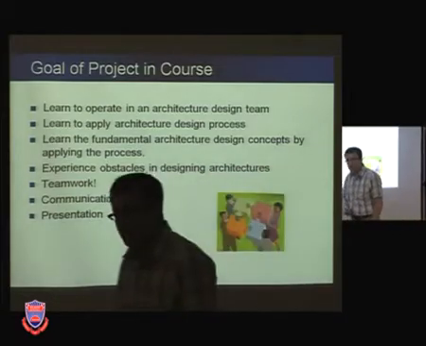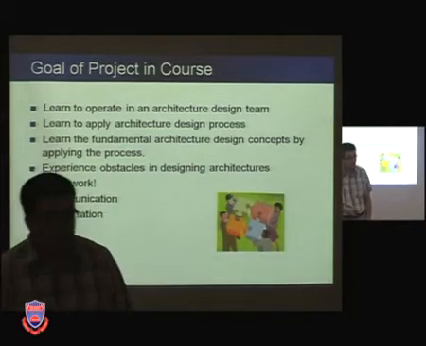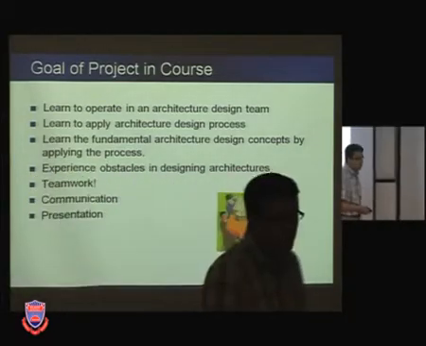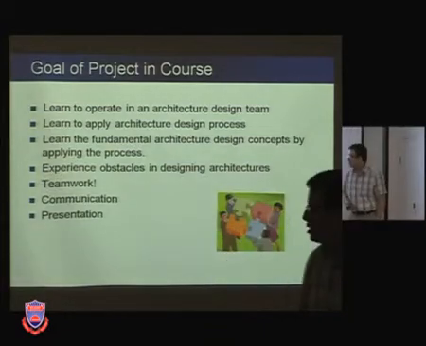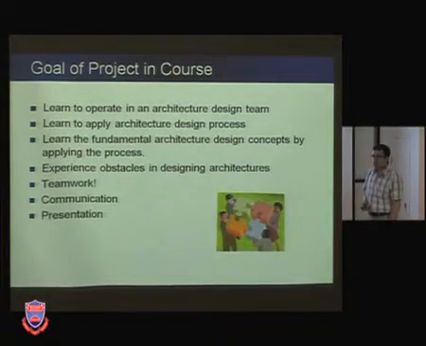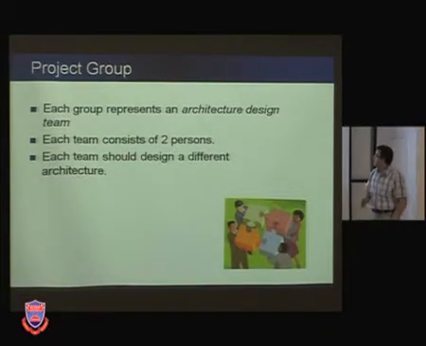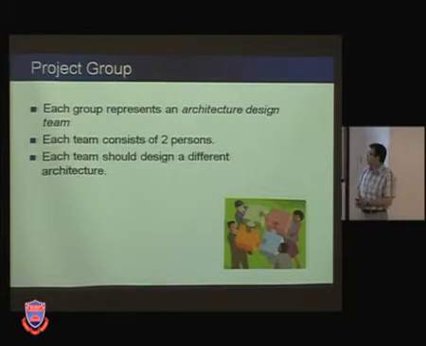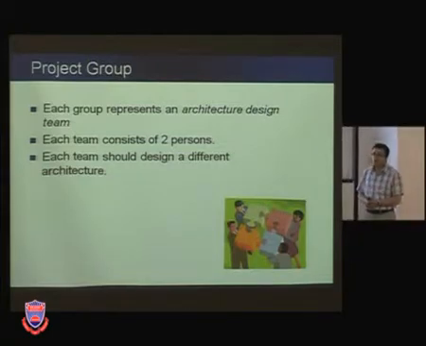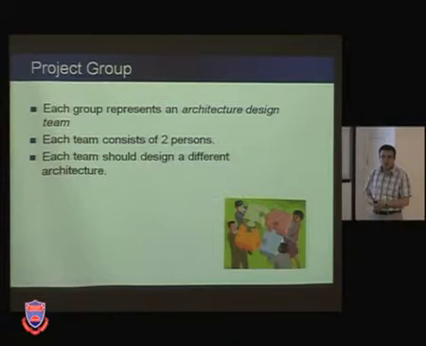We will have several groups. From each group, one student needs to present the architecture. The project group represents, as I said, an architecture design team. The team consists of 2 persons. We will maybe have one team with 3 persons. So that will be accepted. We will see.